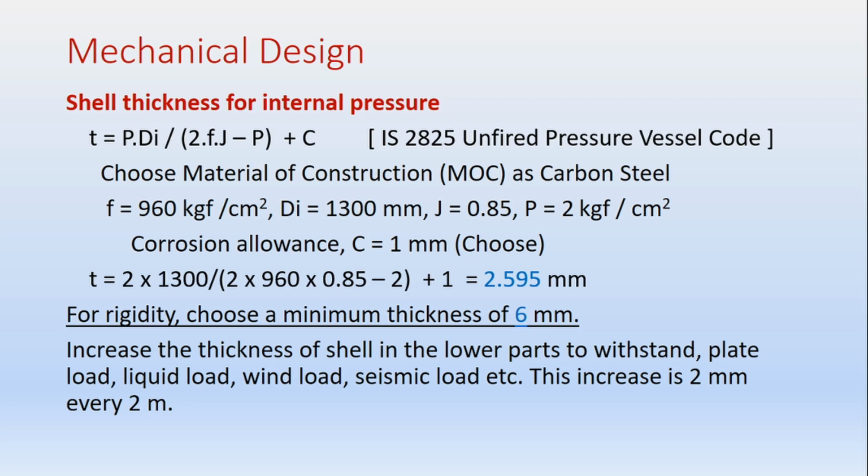So we can increase the thickness of the shell in the lower parts to withstand the plate load, the load of the liquid on the plates, the wind load, seismic load, etc. I think those were discussed in pressure vessel design. So we can have an increase of 2 mm for every 2 meters of the column as we go down.